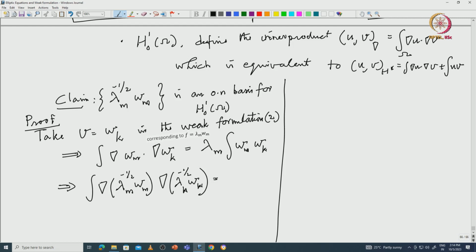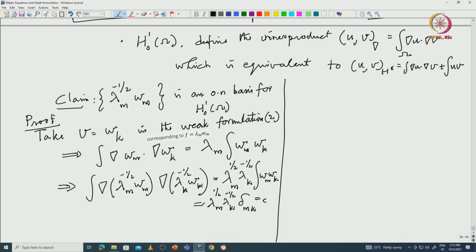So one of the lambda m powers cancels, the half cancels, and you get lambda m power plus half, lambda k power minus half, into the integral of Wm Wk. But Wm is already an orthonormal basis for L2. So this will be lambda m power half, lambda k power minus half, into delta mk.